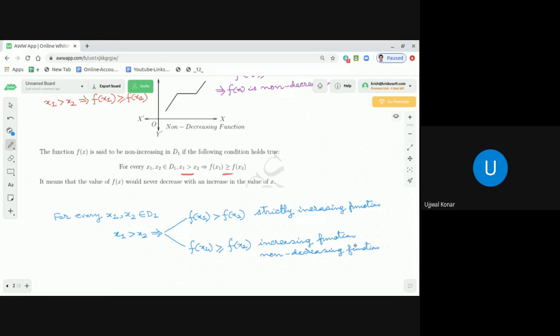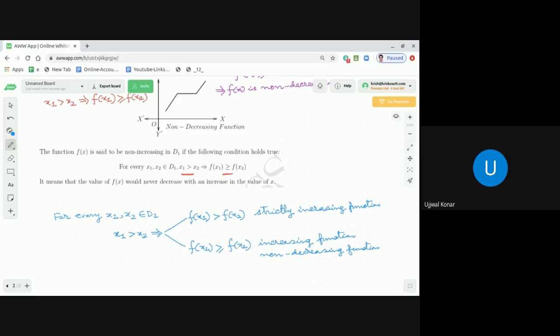These are the different terminologies used. For f(x1) greater than f(x2), sometimes we can say this is an increasing function also, instead of strictly increasing. Different books follow different ways of definition.